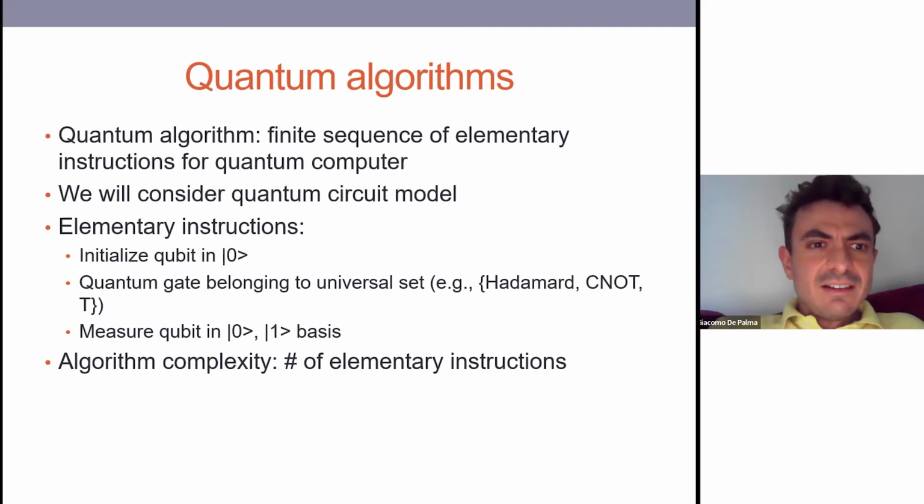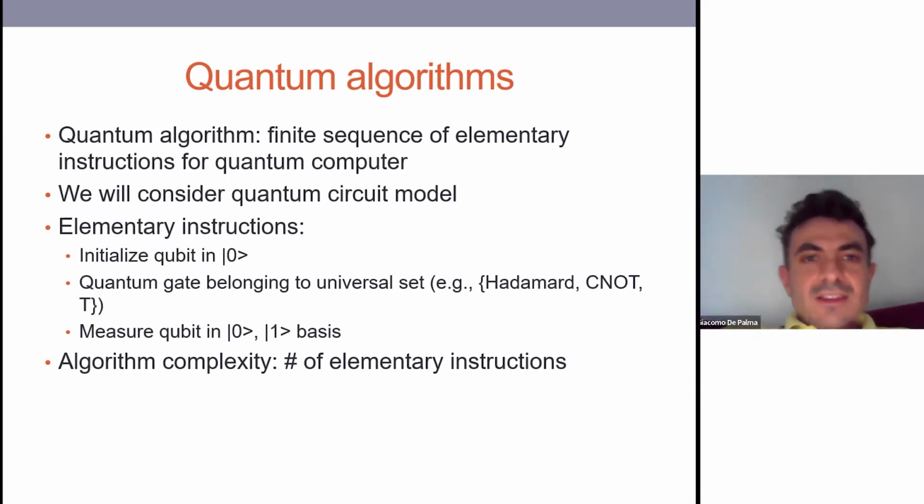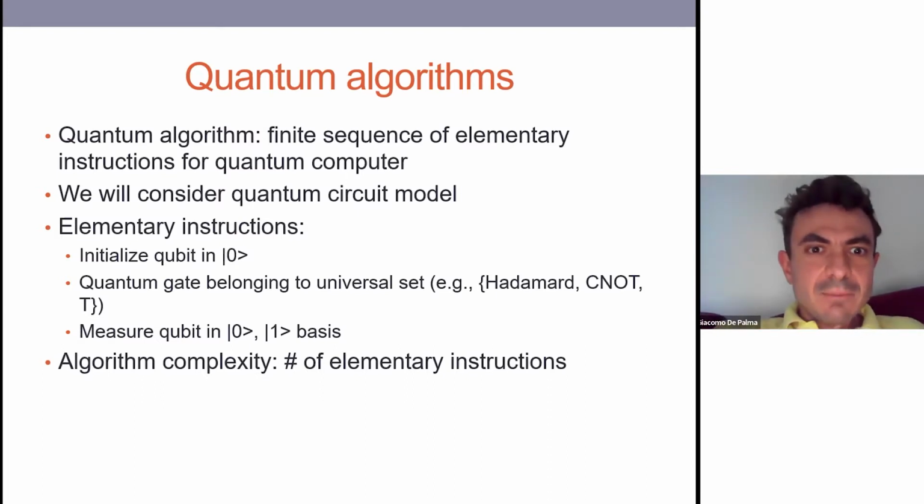Then I will give a brief introduction to some more modern techniques for linear algebra on a quantum computer, the so-called quantum singular value transform. Please feel free to interrupt me at any time if there are questions, if you don't understand something.